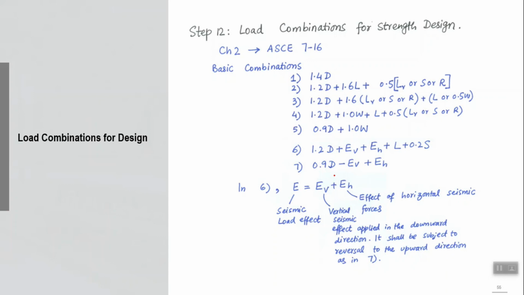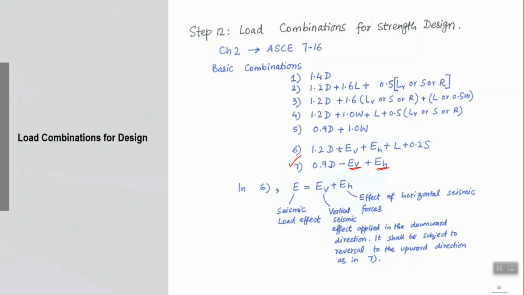The question is that this load combination, for example, number 7, contains a vertical earthquake component, the effect from the vertical earthquake and the effect from horizontal earthquake, right.